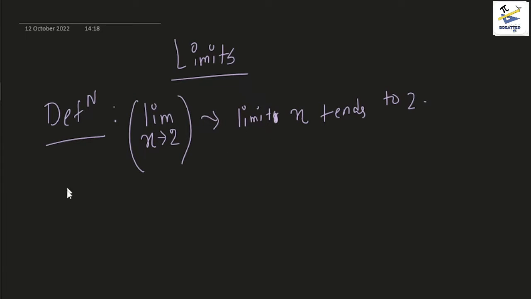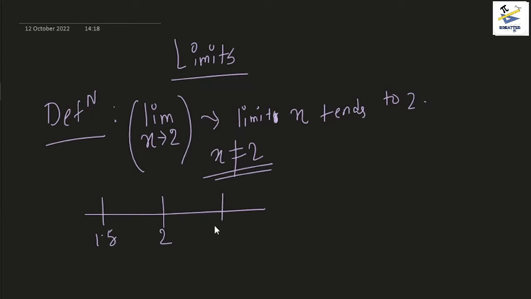In a general way, when x tends to 2, it always means that x is not equal to 2, but it just goes towards 2. So if you can imagine the number line right here and 2 is somewhere around it, let's say this is 1.5 and this is 2.5, then the variable x assumes values very close to 2 but never 2 from the left hand side, and it also assumes values from the right hand side very close to 2 but never 2.